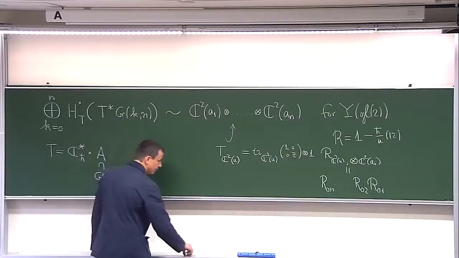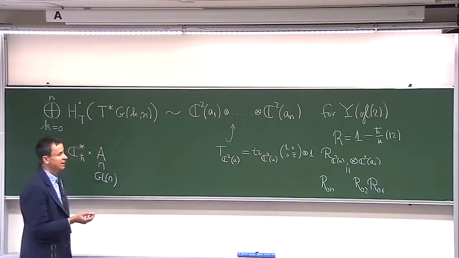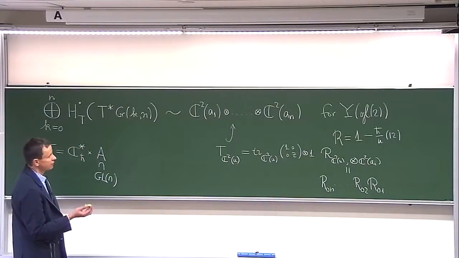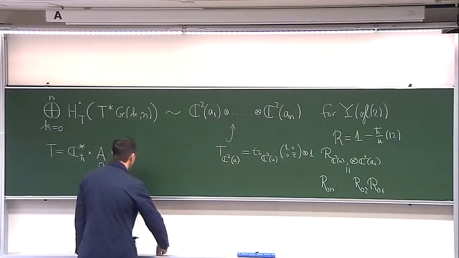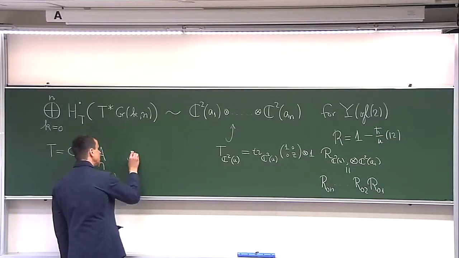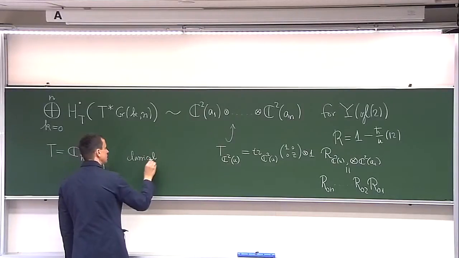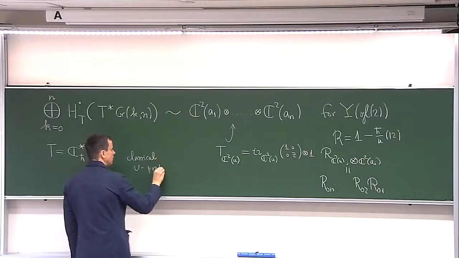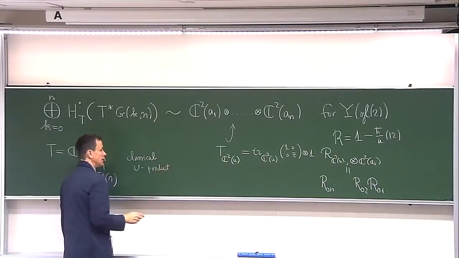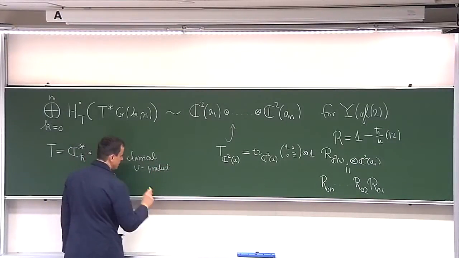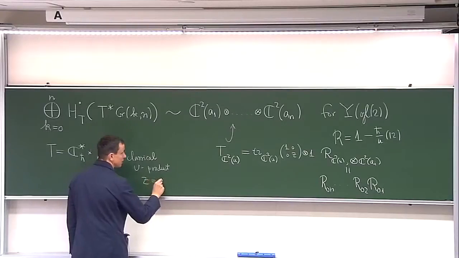And so to help us with the identification, it's useful to think first about the case of classical multiplication, so the classical cup product. This is the case when z equals 0.